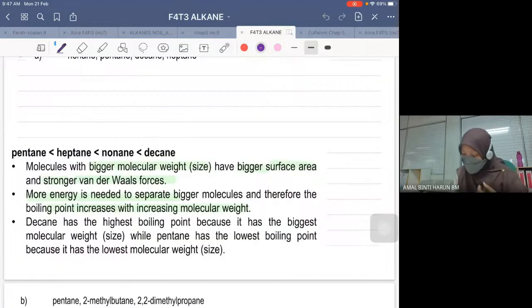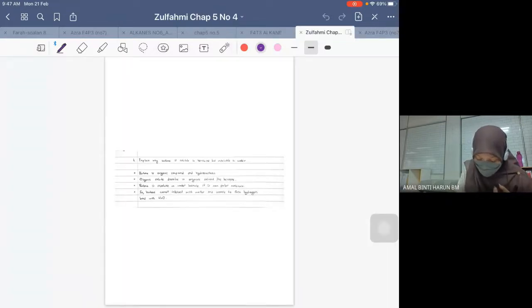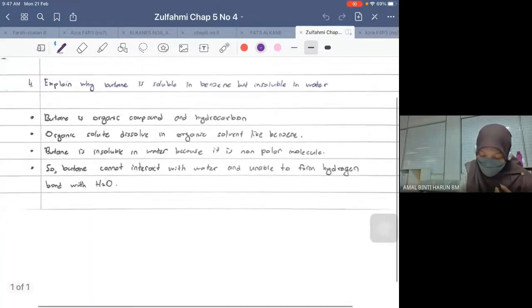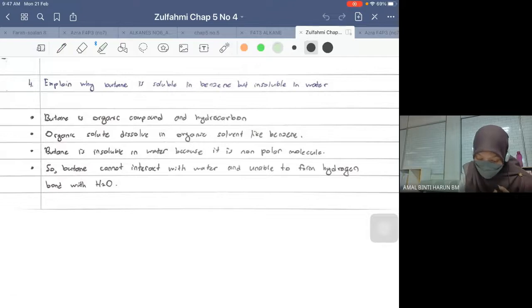Okay. Number 4. Explain why is butane soluble in benzene ring but insoluble in water. So ini jawapan Zulfahmi. Tadi saya dah mention dah.